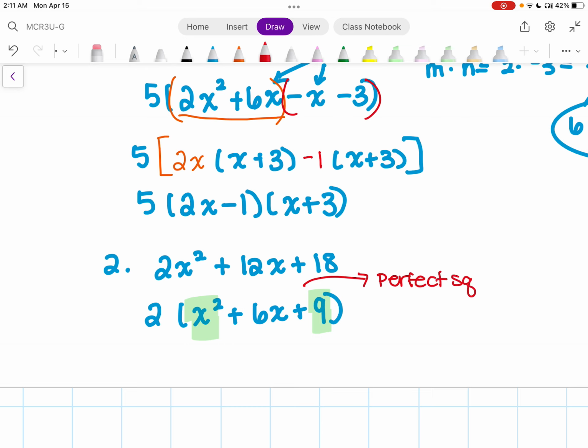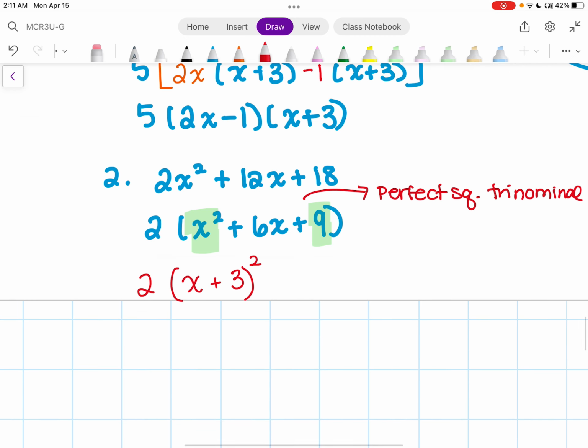square trinomial. And I know that the shortcut for a perfect square trinomial is you take the square root of the first term, which is x, the square root of the last term, which is 3, and then the sign in the middle, which is a positive, and just square it. And remember that you still have the 2 outside. So that's my new factored form.